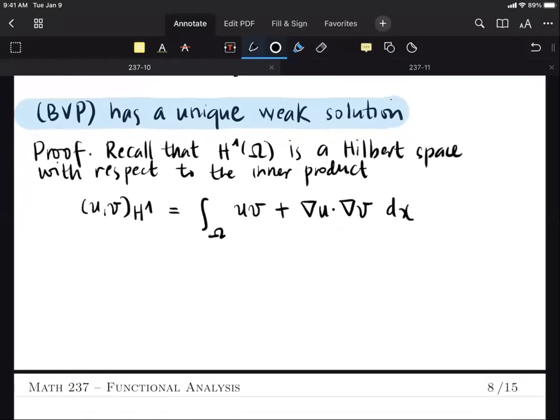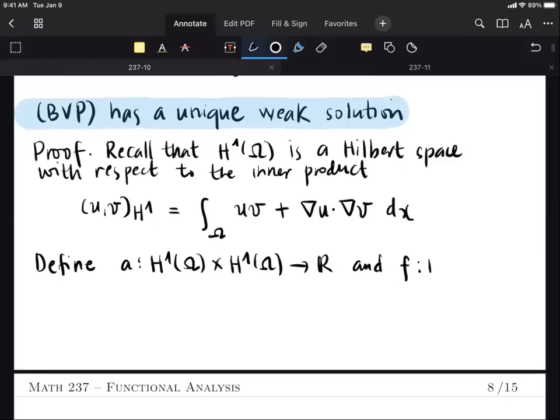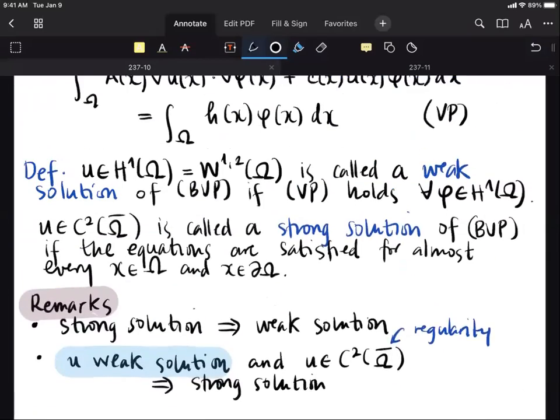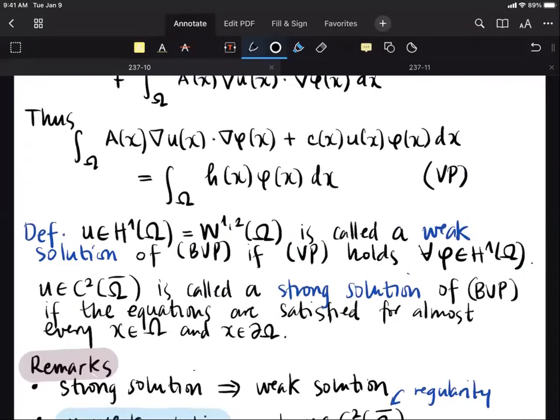Now let us define the following forms. A from H1 cross H1, and F from H1 to R, as follows. These are basically the left-hand side and the right-hand side of this variational problem.